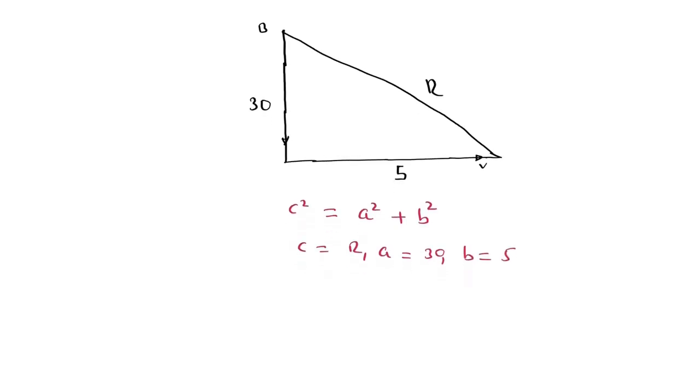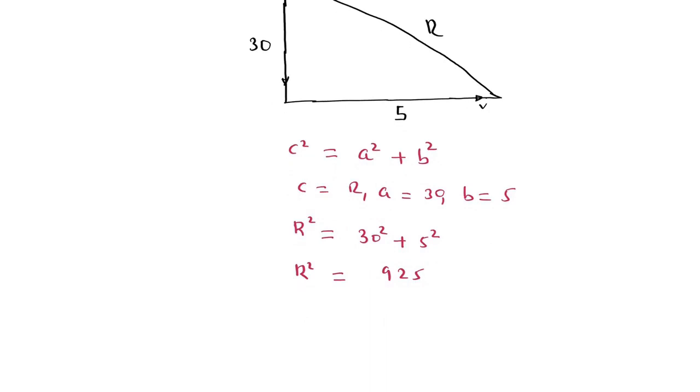Then our equation is going to be r squared equals 30 squared plus 5 squared. Okay, so let us solve the values on our right hand side, then our equation is going to be r squared equals 925.